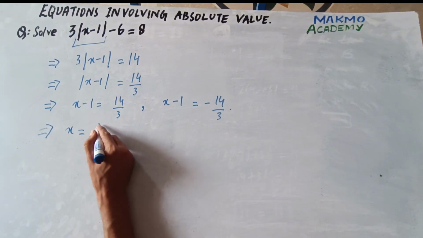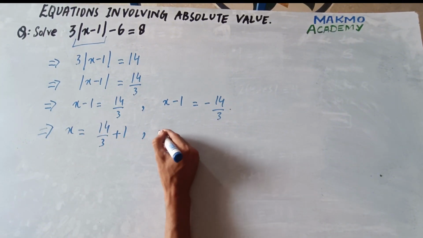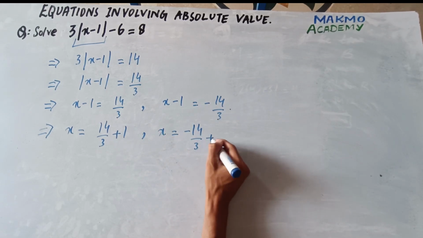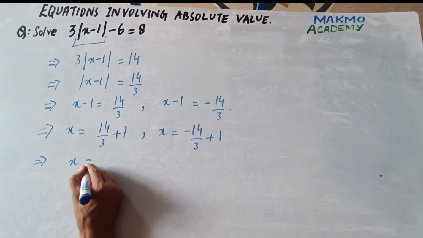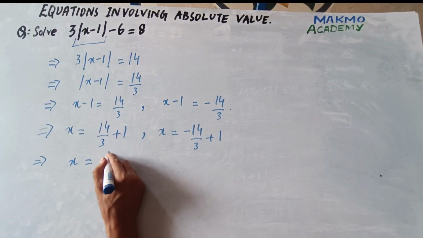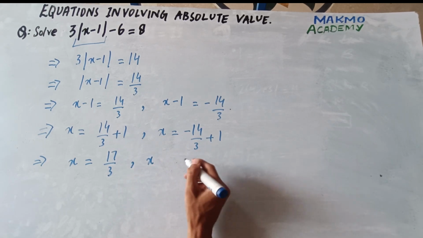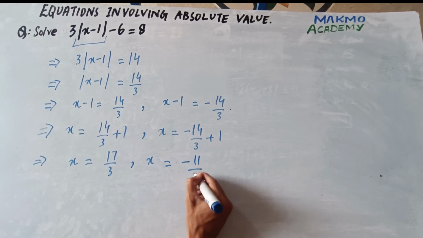x = 14/3 + 1, and x = -14/3 + 1, and you will get two answers for x. So (14 + 3)/3 = 17/3, and (-14 + 3)/3 = -11/3.